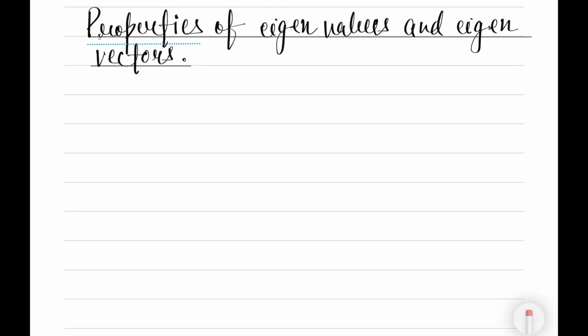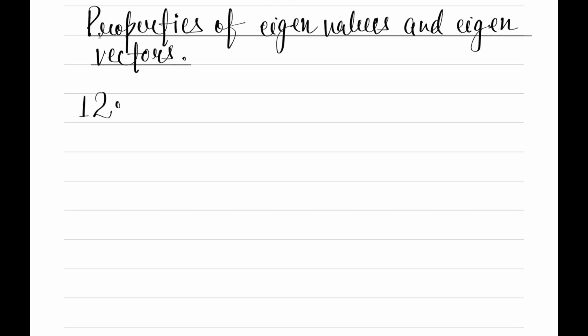Now this will be the third video on properties of eigenvalues and eigenvectors, and we will see property number 12.